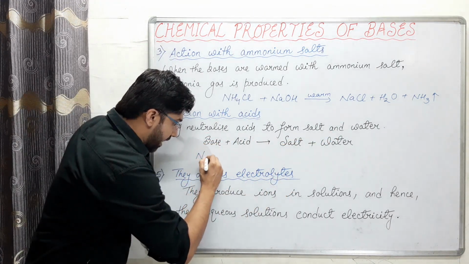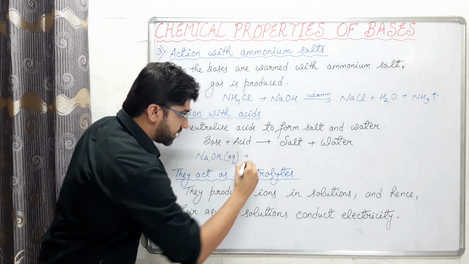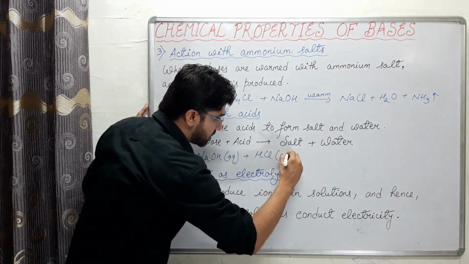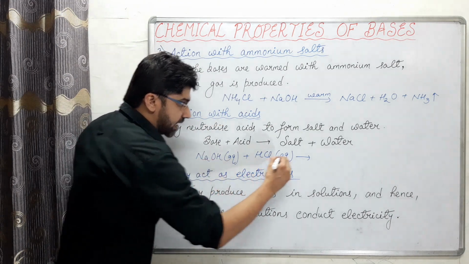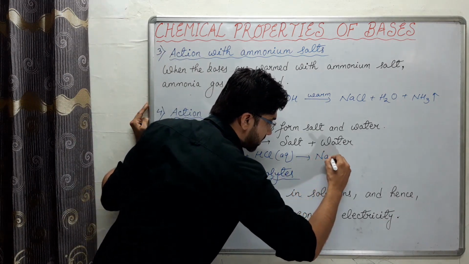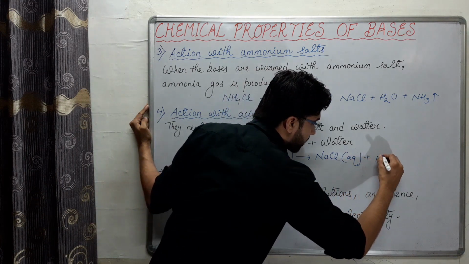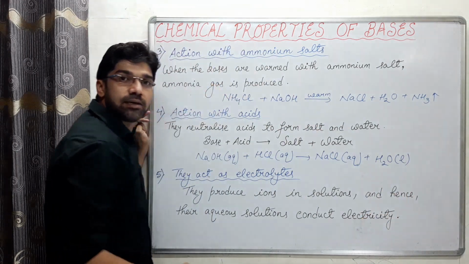Suppose we have the base sodium hydroxide. When it is allowed to react with hydrochloric acid, then we have formation of salt. Which one? NaCl. It is a double displacement reaction. NaCl and water, H2O liquid. Clear?